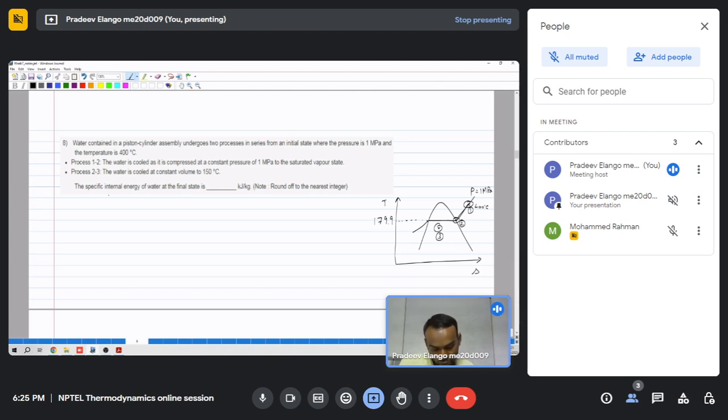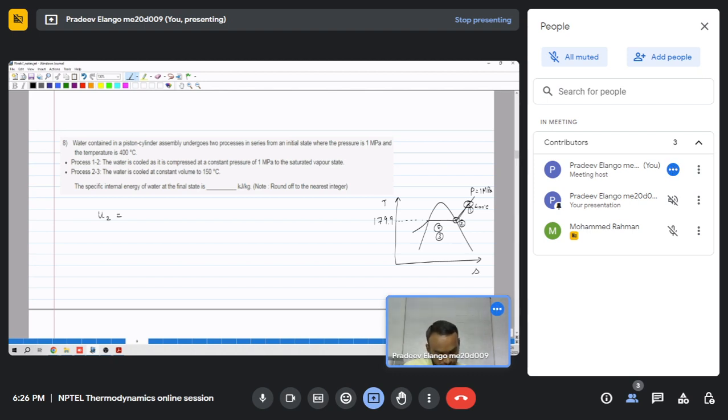So we need to calculate the specific internal energy of the water at the final state. So U1, okay, and you can calculate U2. U2 will be the internal energy at 1 megapascal, saturated vapor state.